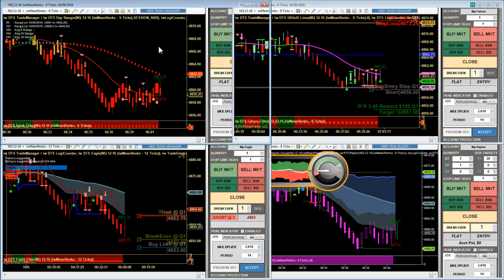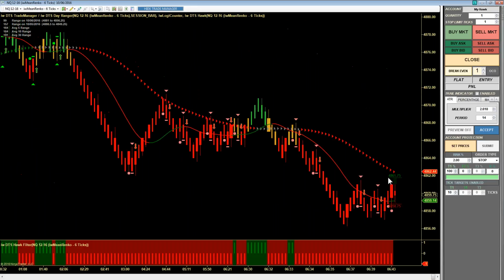All right, the Hawk also producing a signal now. It's a macro pullback signal as part of our 4-arrow consolidation. You know, the hash mark is going to print right here.